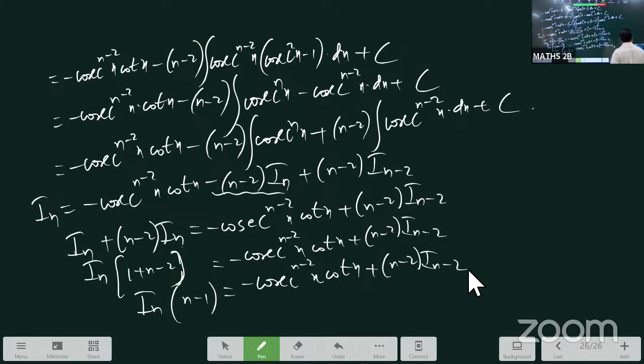So In is equal to minus cosecant to the power n minus 2 x cot x divided by n minus 1. Is it clear?